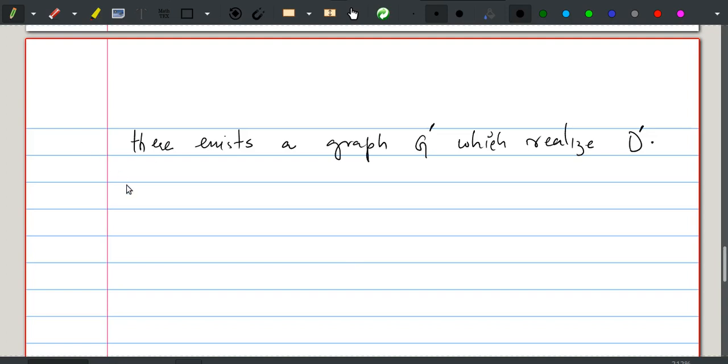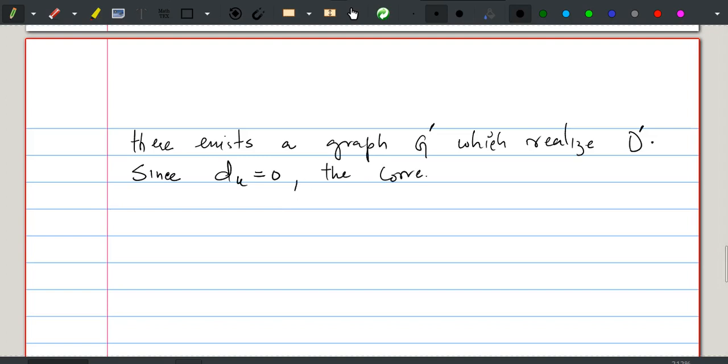Since dk is 0, the corresponding vertex vk in G prime has degree 0.